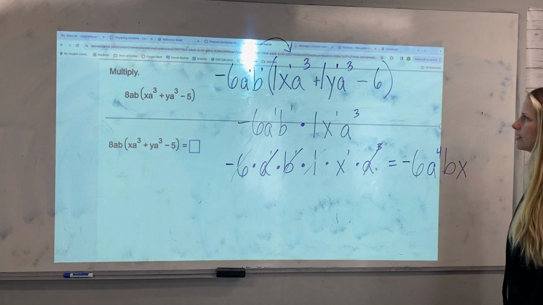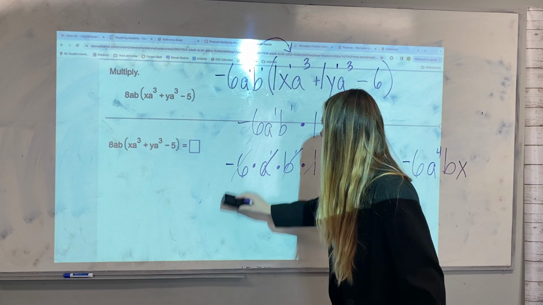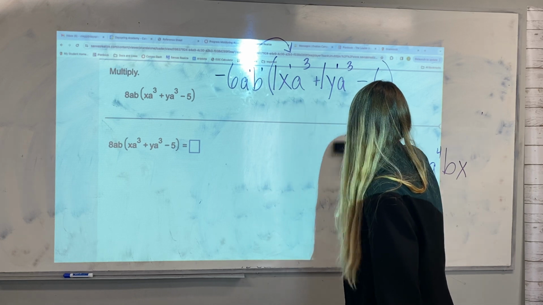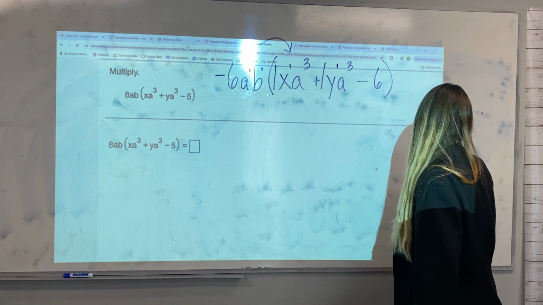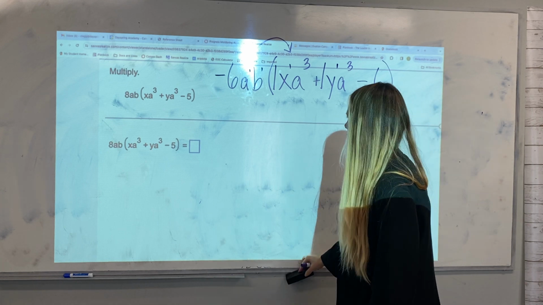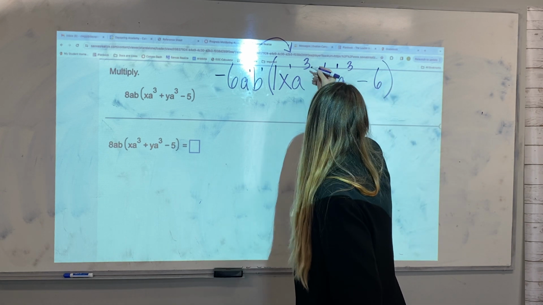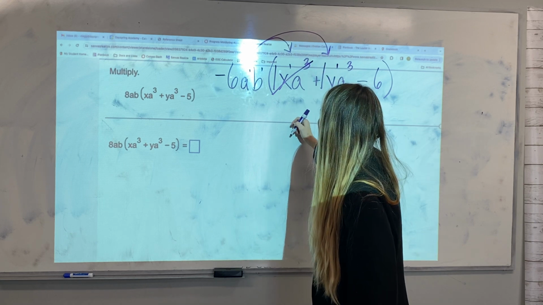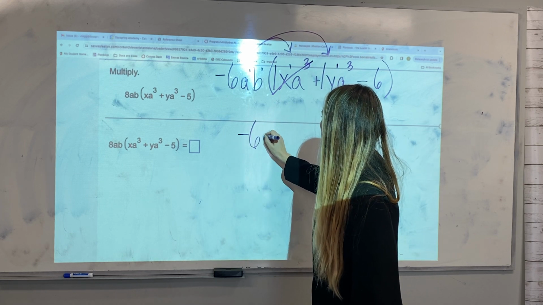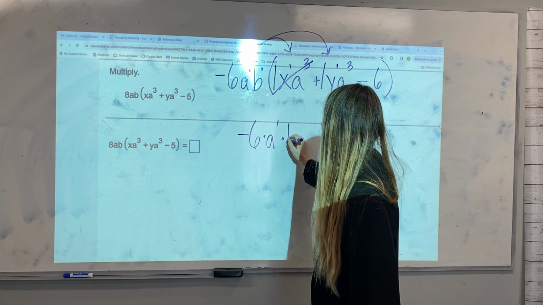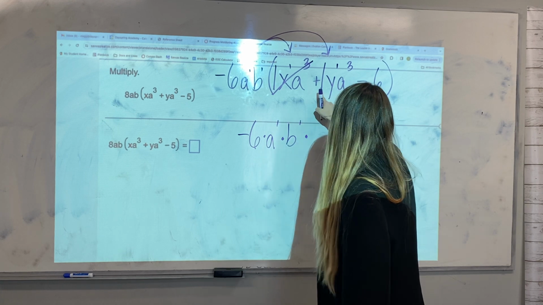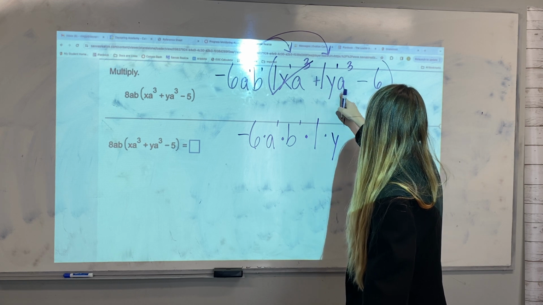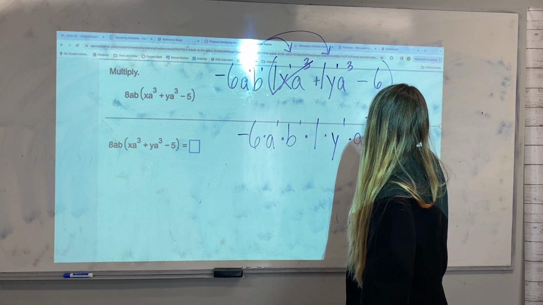And then you're just gonna do the same thing to the next term. Done with that, we're going to go over here. So we have -6 times a to the first times b to the first times 1 times y to the first times a cubed.